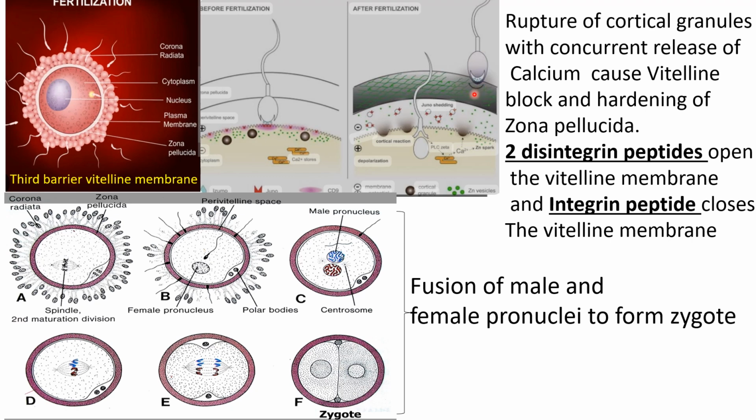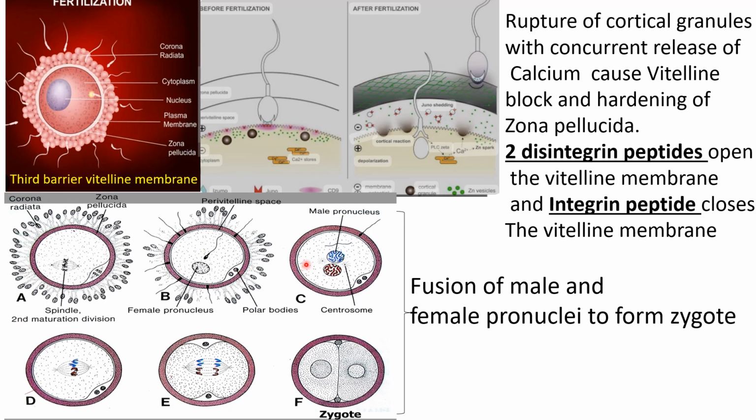The second event occurring is that the calcium wave is set inside the ooplasm. Because of that, the second meiotic division is completed. The secondary oocyte completes the second meiotic division and forms a mature ovum, and the second polar body is released into the perivitelline space.